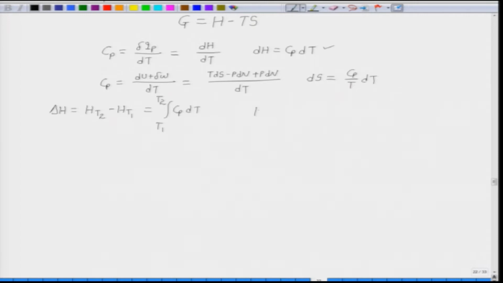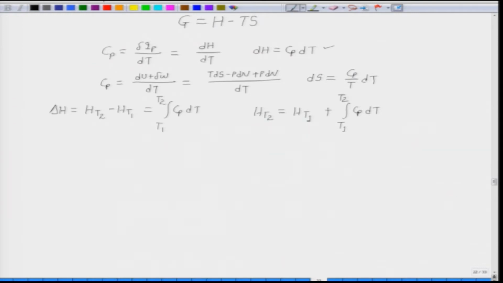So, basically to get to the enthalpy at any temperature T2, we need to know the enthalpy at one temperature T1 and the knowledge of Cp as a function of temperature.